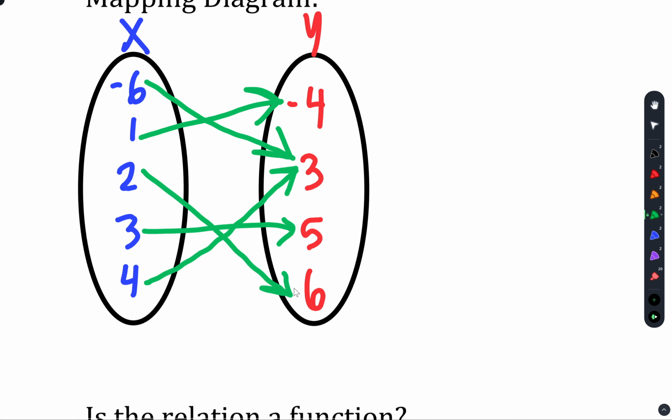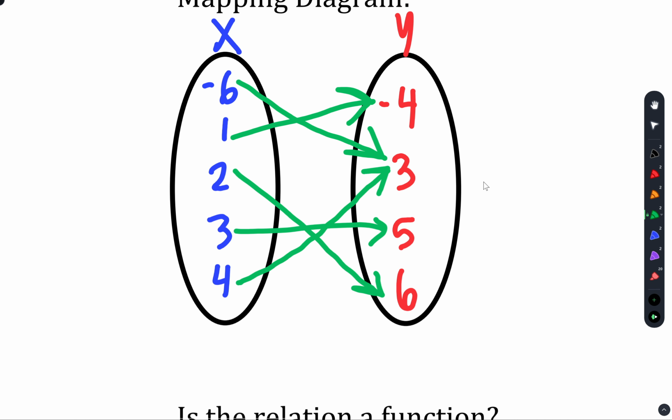It does. My rule that I'm looking for is that if I'm looking on the left side here at the x's, there is only one arrow that's starting at every x value. I should not have more than one arrow coming from the x values. We can see here, there's 2 arrows that point at 3, but that's okay.